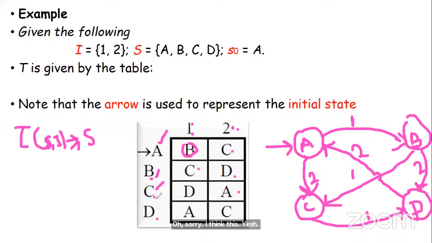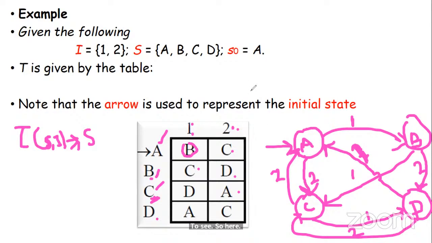This is C. Let's go back to C. You receive an input of 1, you move to D. You're on C, you receive an input of 2, you move to A. Here, you're on D, you receive an input of 1, you move to A. Then you're on D, you receive an input of 2, you move to C. I think that's what I've just corrected now.